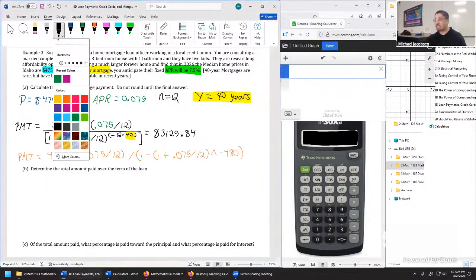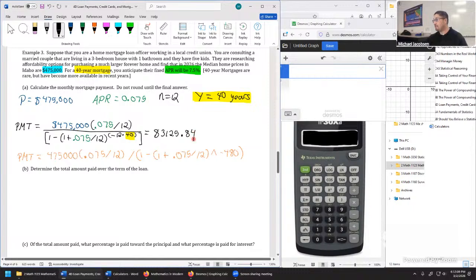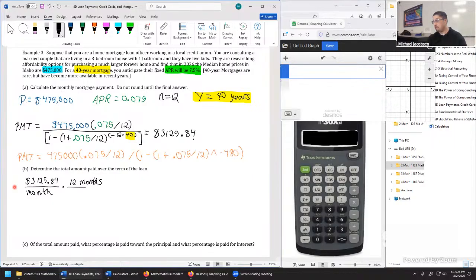So here's what we would do next for the Part B portion of this. Take this $3,125.84. This is a payment per month. Then multiply by 12 months per the year.